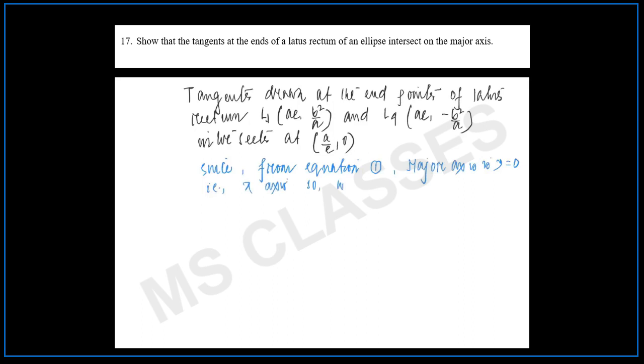So we conclude the point of intersection of L1T and L4T lies on the major axis. Because a comma 0 means the y coordinate is 0, so that definitely lies on the major axis, which is the x-axis.